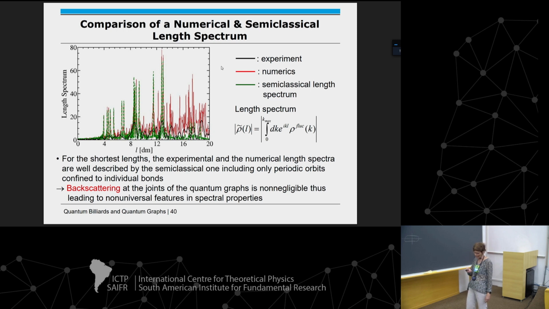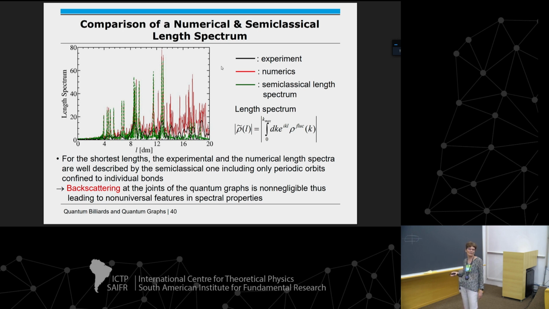And to get rid of it, one possibility is to define the vertices, so the vertex scattering matrix, in such a way that backscattering is not allowed. There are some approaches which try to use that one, but then you have another problem, because if you forbid backscattering, then you will have a lack of complexity.